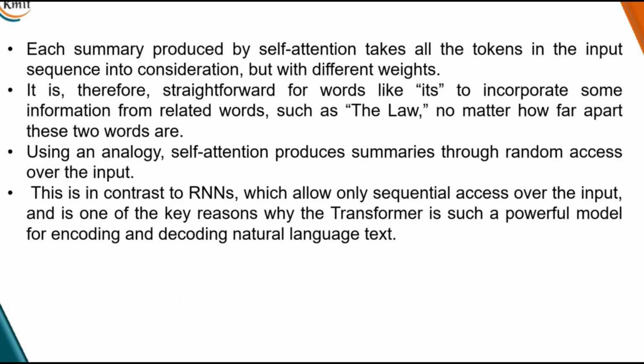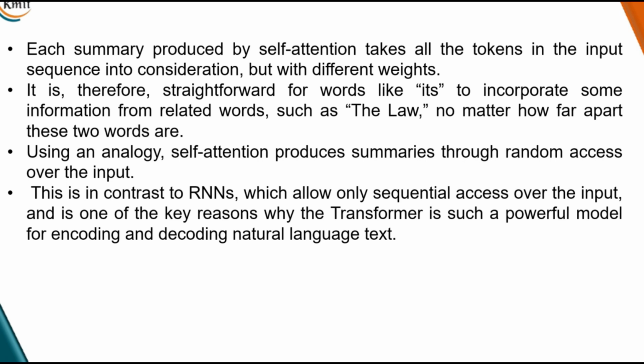That is, each summary produced by self-attention takes all the tokens in the input sequence into consideration but with different weights. So it is very straightforward for words like it's and law to incorporate some information about the relation between the two words. Hence self-attention produces summaries through random access over the input, in contrast to an RNN with a normal attention mechanism.